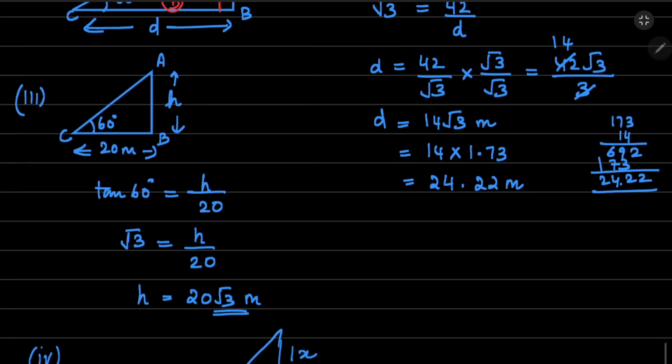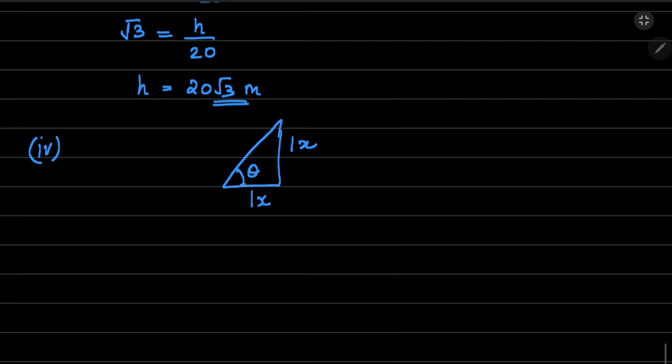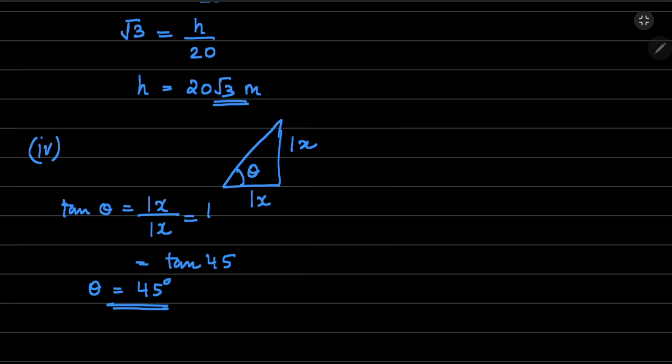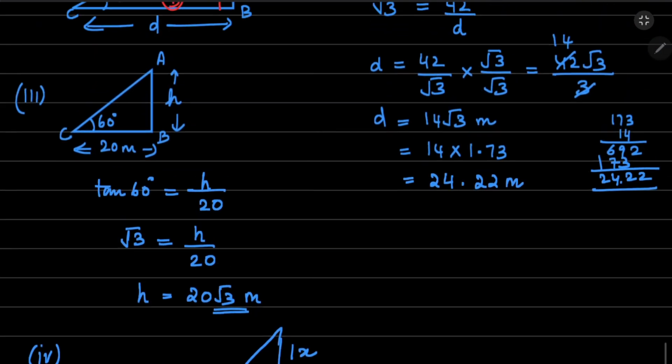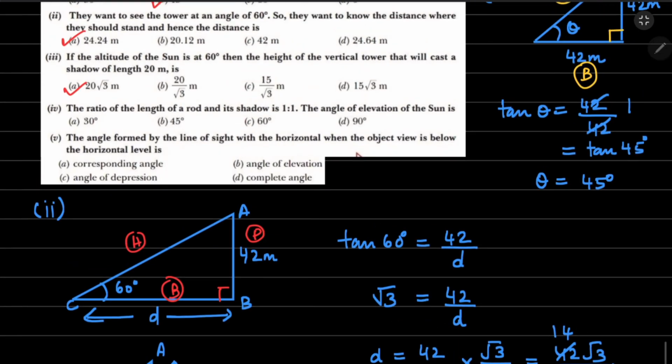The angle of elevation of the sun is, so let it be theta. Again, tan theta is equal to 1x by 1x, which is equal to 1, which is tan 45, right? So on comparing, you get theta is equal to 45 degree. Only if theta is 45 degree, then the perpendicular and base are the same. So theta is equal to 45.